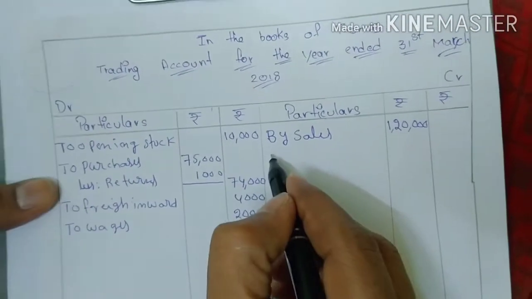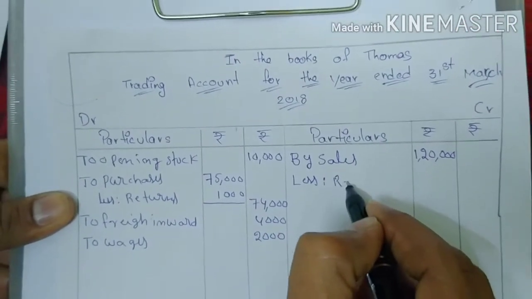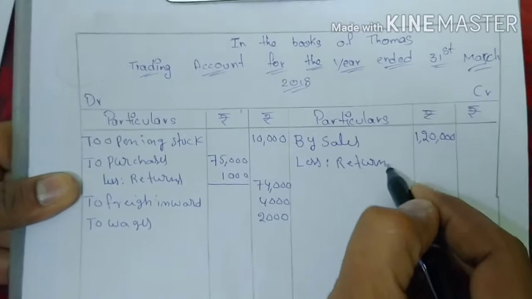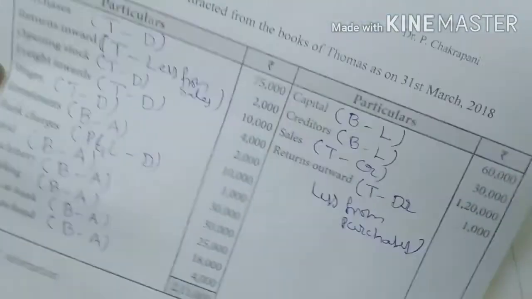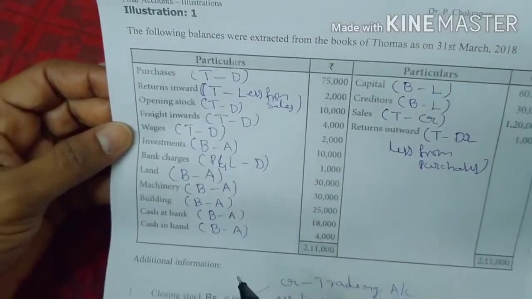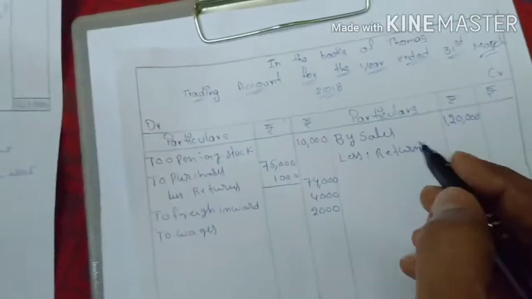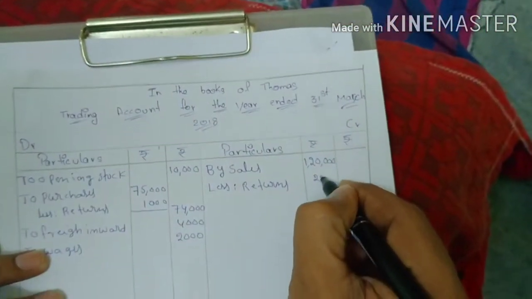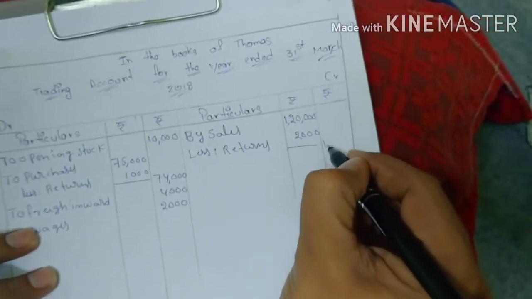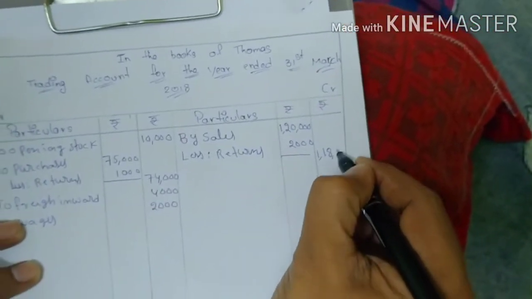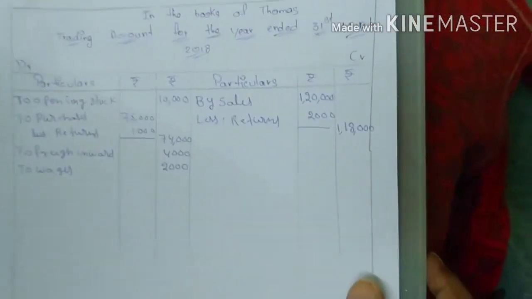Next, less returns, that means sales returns, 2000. That thing needs to be mentioned here. Now the final total is 1,80,000 rupees.